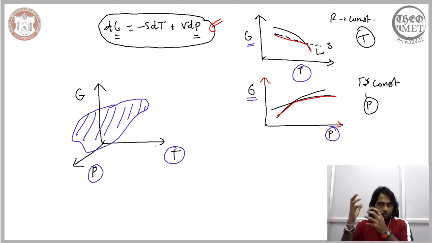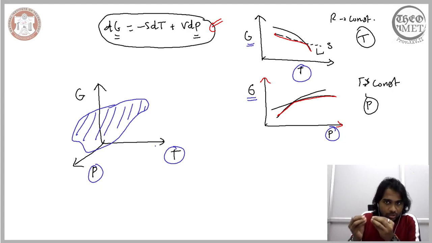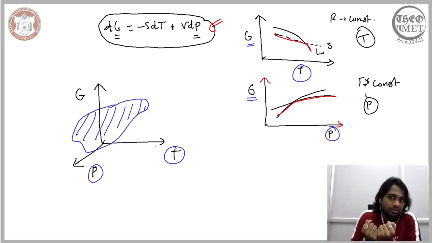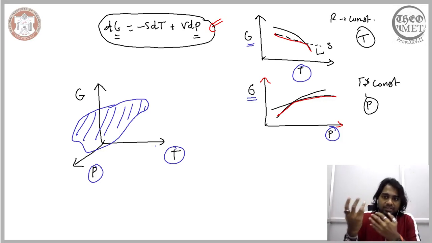Again, in two-dimensional cases, because of the nature of the way Gibbs free energy is related to temperature or pressure, we were forced to introduce two different curves to discuss the two different states of the system.